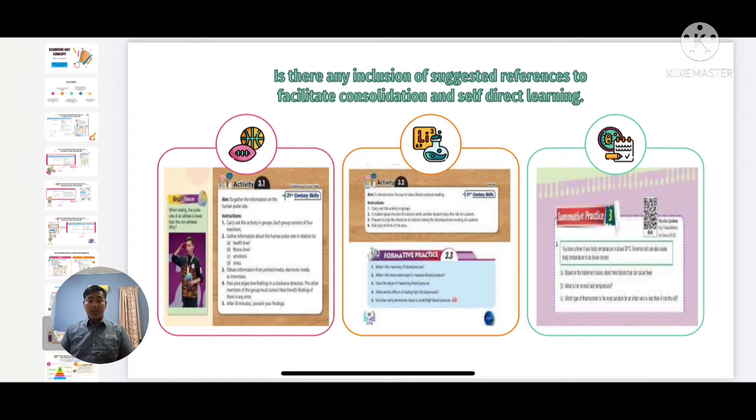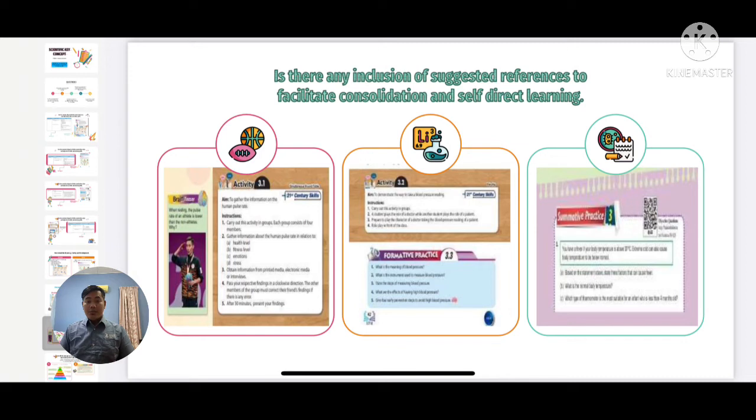All these activities can be done as a group or individually. The answers of all practice activities in the textbook have been provided at the end of the textbook. This will help the students to facilitate consolidation and self-directed learning.